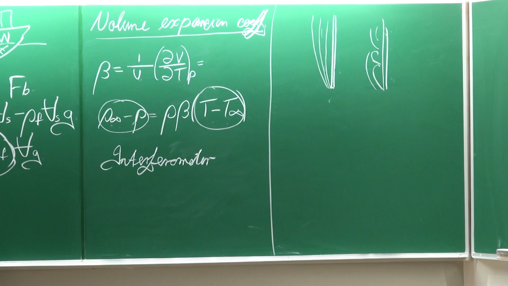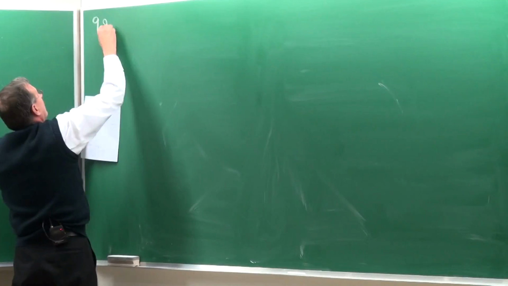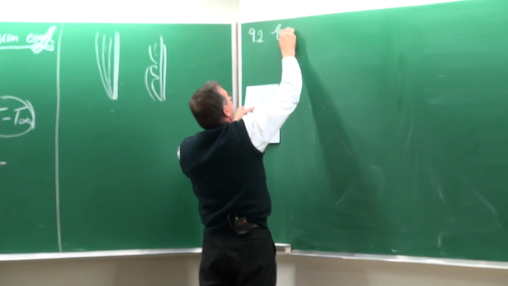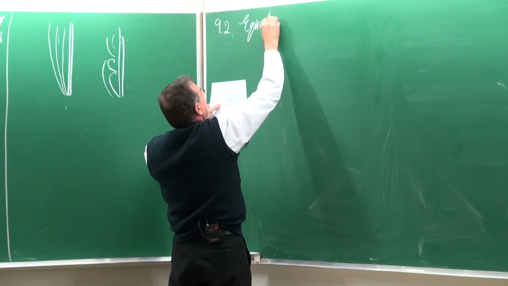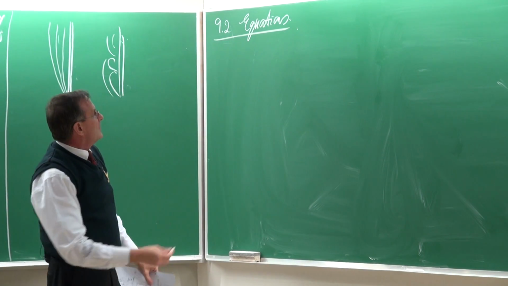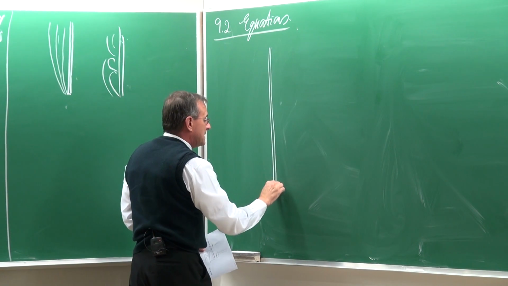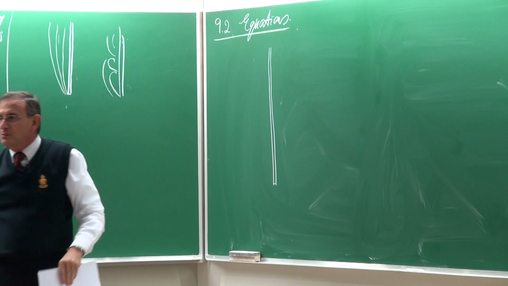So, getting to the equations of motion, paragraph 9.2. Equations of motion. The simplest geometry for us to consider in heat transfer is always a flat plate.